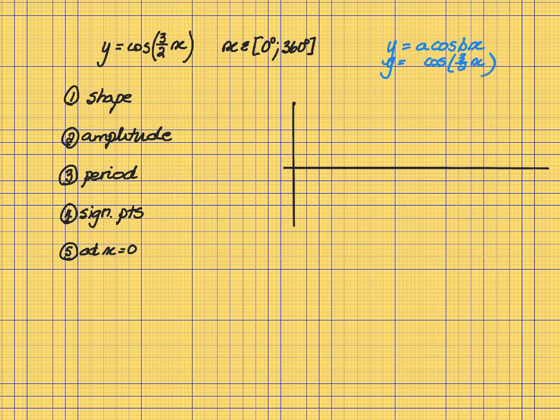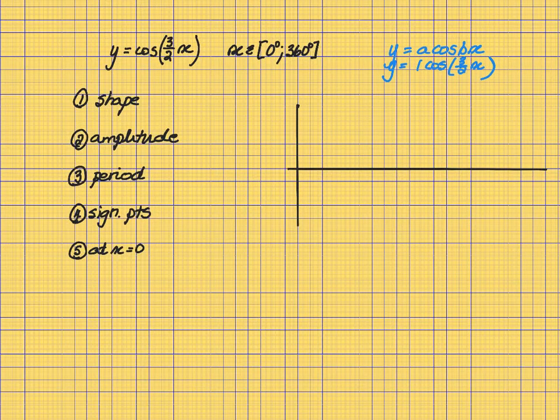So a is 1, which tells us that our amplitude is the same as the standard graph, and b is 3 over 2, which tells us that our period is going to change. There's no reflection in this case. So the shape is the standard cos function shape.